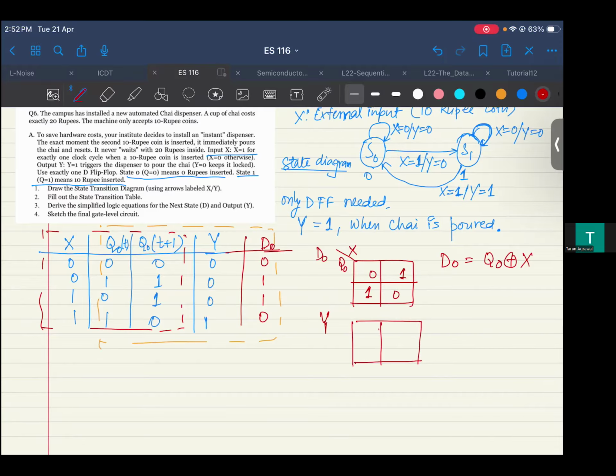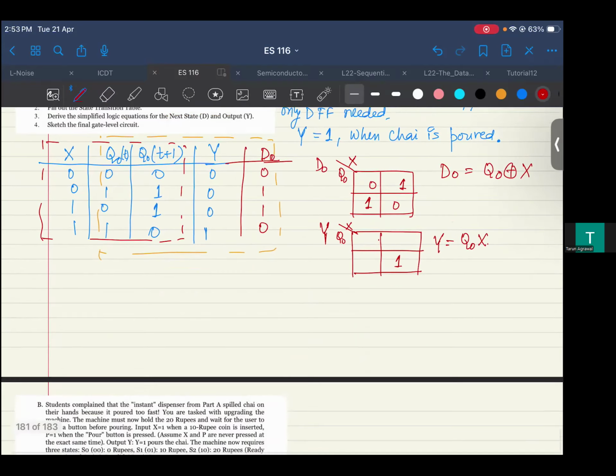So this is your Q naught and this is X, right? For these three cases, Y is 0. Only for Q naught 1 and X 1 is Y 1, which is why our Y becomes just the AND of these inputs, Q naught and X.